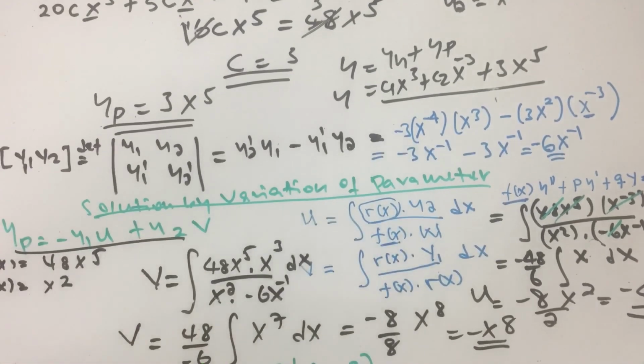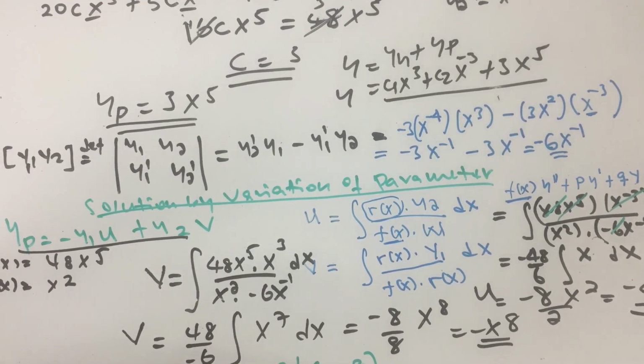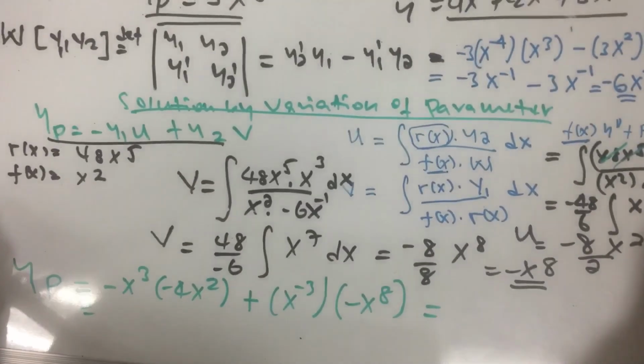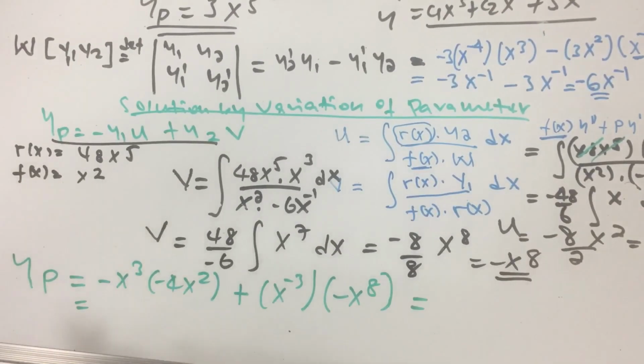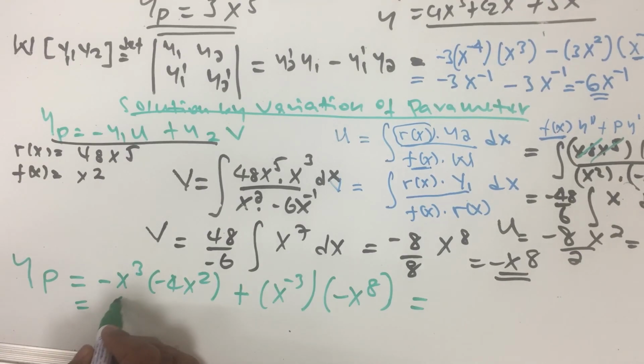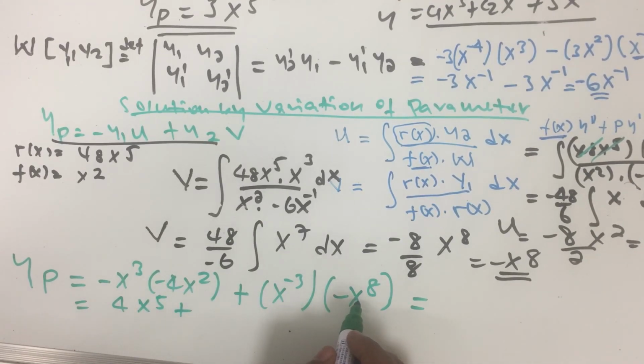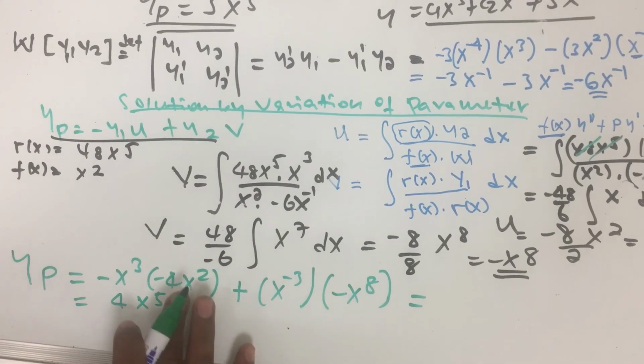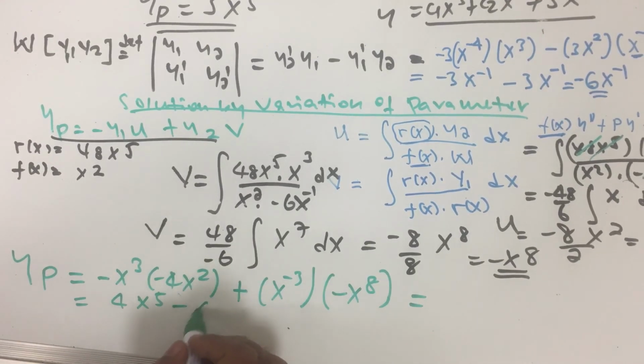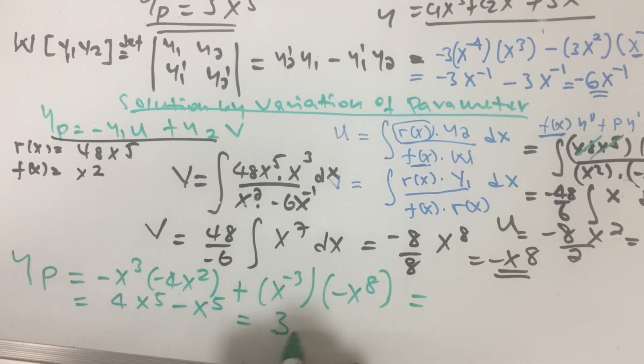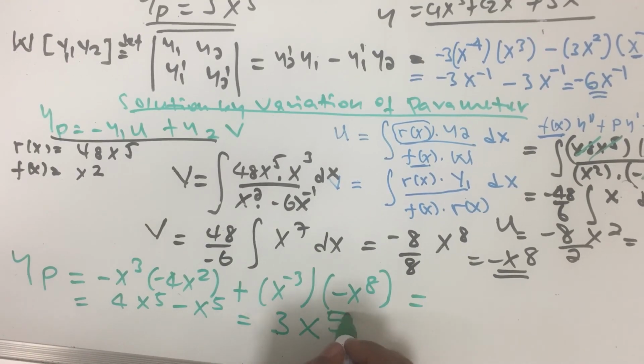If we multiply this, it is positive 4 x to the power of 5, plus, if we multiply this, minus x to the power of 5, which is 3 x to the power of 5.